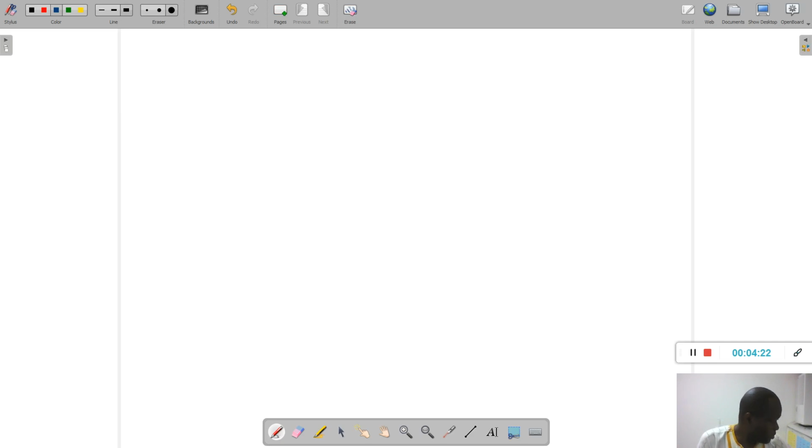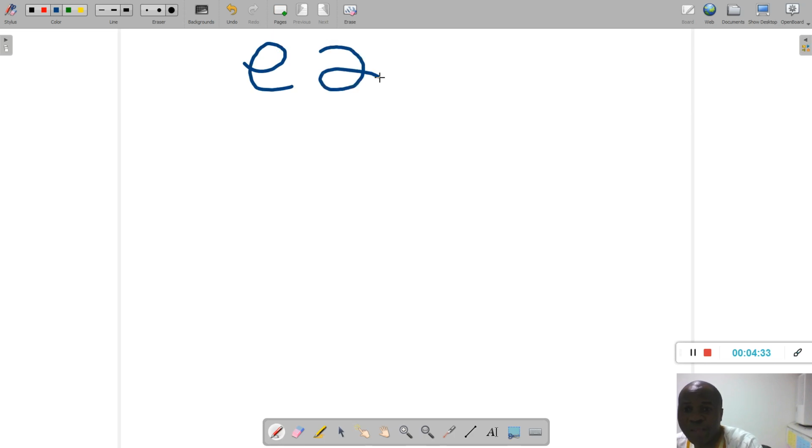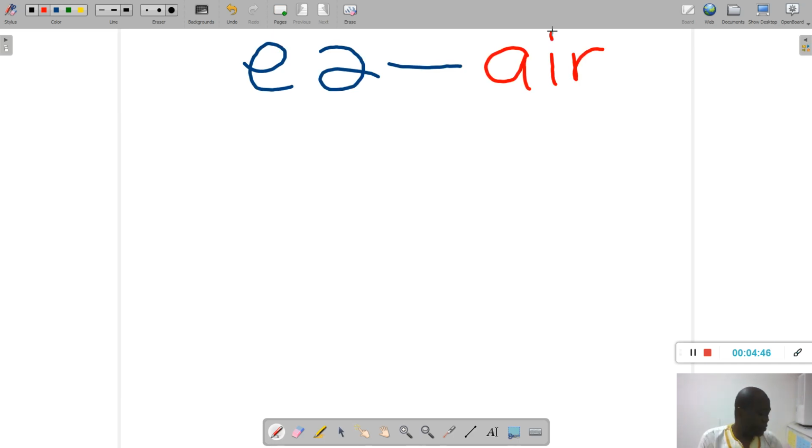Our next diphthong is air, like the air we breathe, and it's represented with this diphthong. Together they form air, just like the sound in the air we breathe. The example we are going to look at is the word hair, the hair on our head.